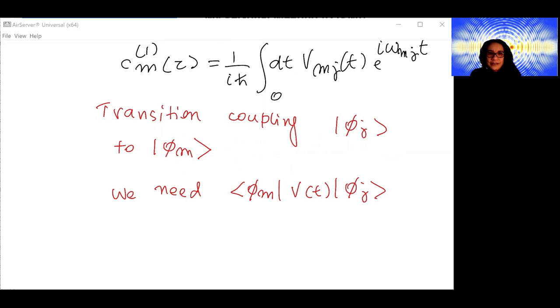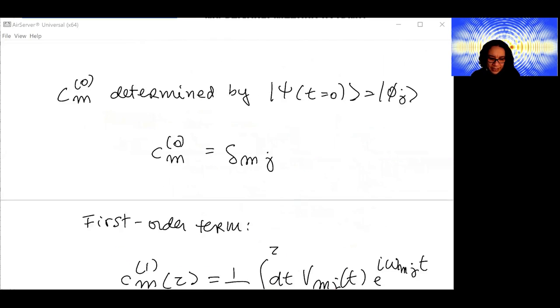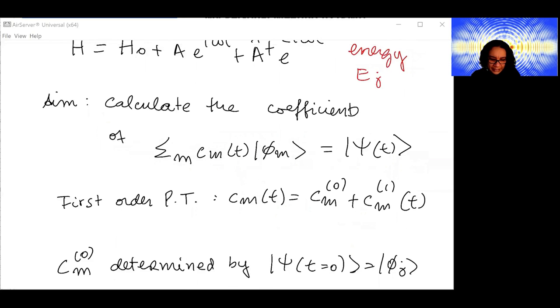So it's clear what we have to calculate, and we're going to have a and a dagger, and we have these integrals. So a and a dagger are going to depend on how these states are defined. They are operators. They're going to be sandwiched by the final and the initial states, but we do have the expression for V(t) here on top.